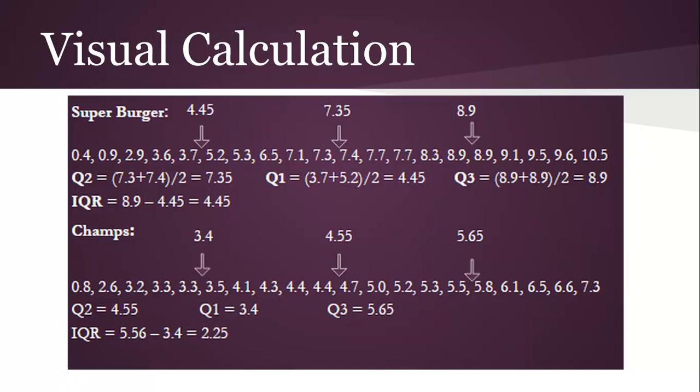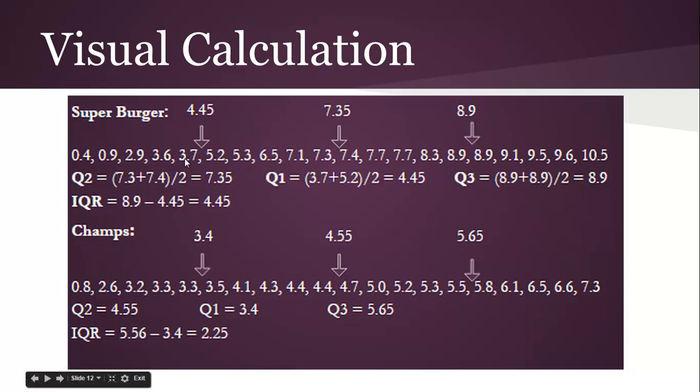If you have an odd number on both sides, it is that number, the same way as calculating the median. You'd still split it in half. If you have an odd number in the middle, so you actually have a median number in the middle, we still look at the first half, and it's just like calculating the median.